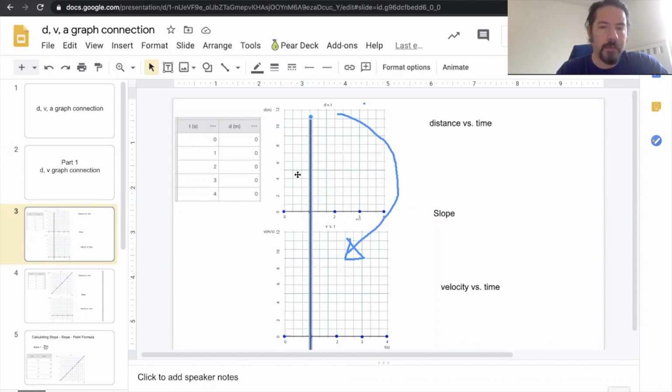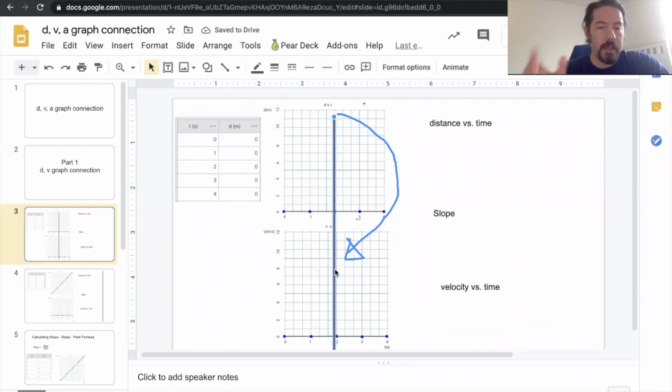This graph talks about the distance traveled, and this graph talks about how fast it was going. So we're talking about the same object in the same amount of time, but looking at different parts of what's going on: where it is, as well as how fast it's going.